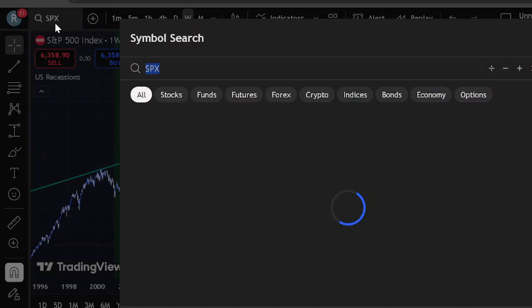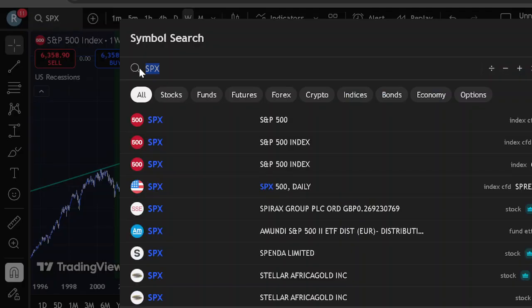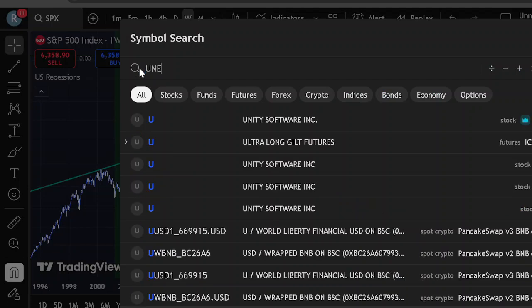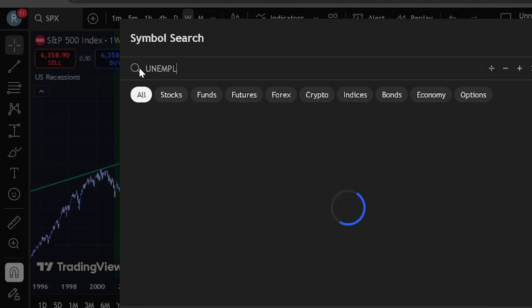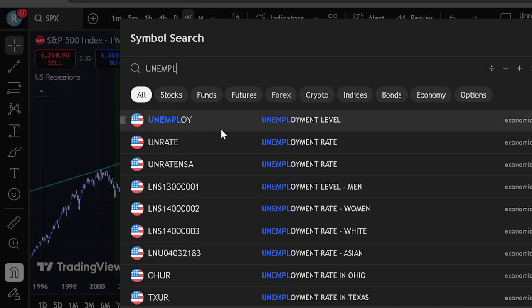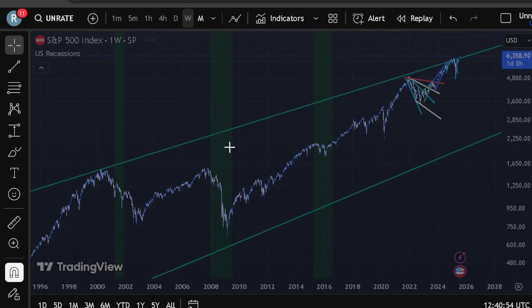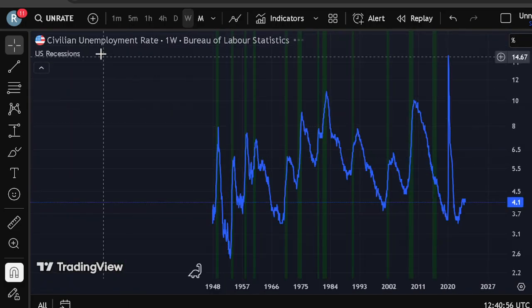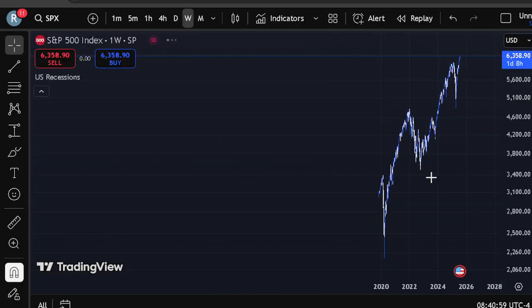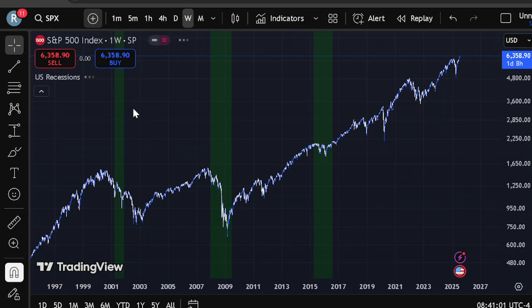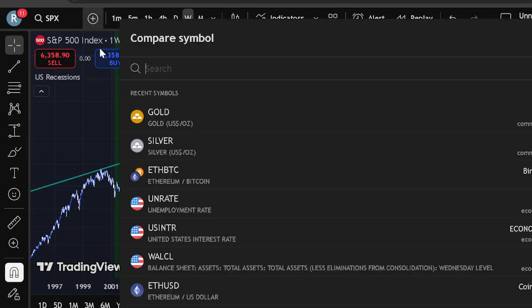We can overlay unemployment rate. This chart. Oh, sorry. So we need the S&P 500 and add the unemployment rate, which is here.